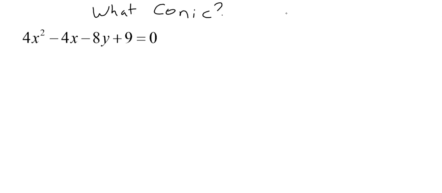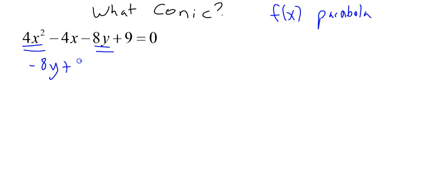This one again, look at the largest degree terms. We've got x squared, and y to the first power. That's definitely another f of x parabola here. So you want to, again, very similar to what we've done before. So negative 8y plus 9. This one might not work out as well. Let's see.